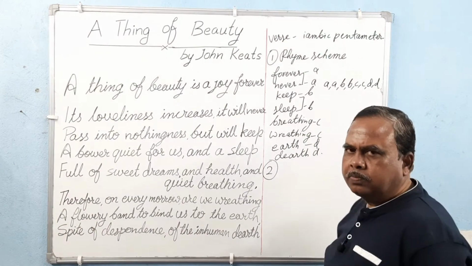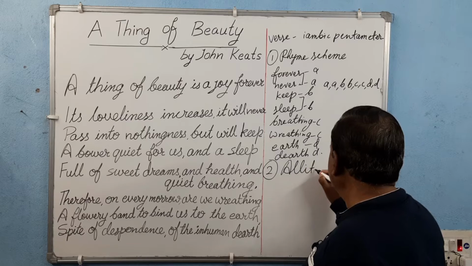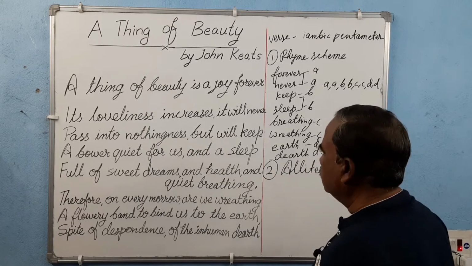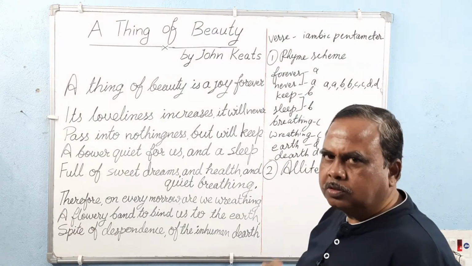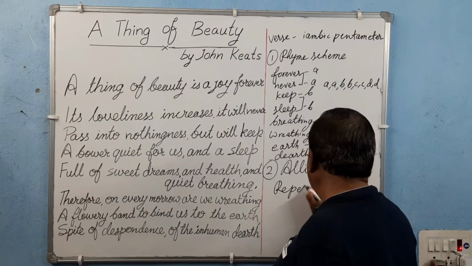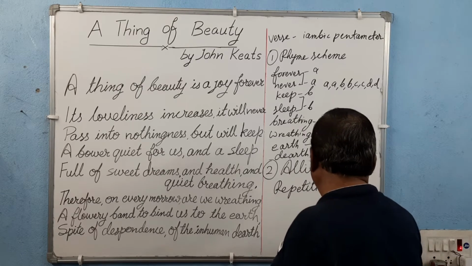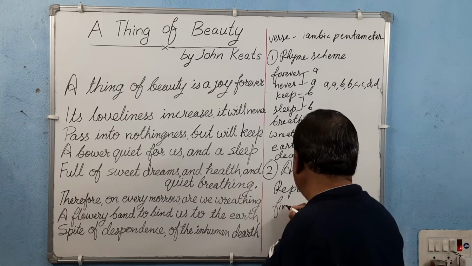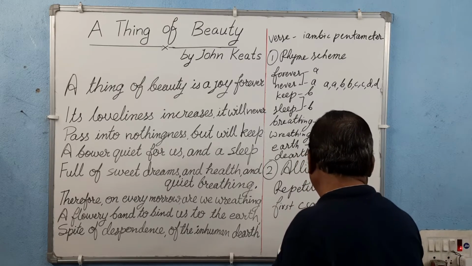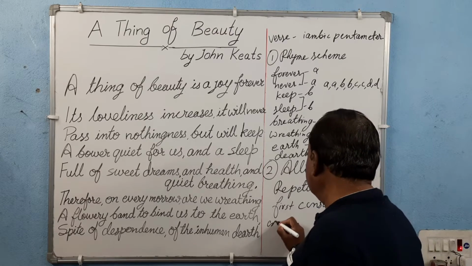Second poetic device is alliteration. Alliteration is repetition of the first consonant sound.